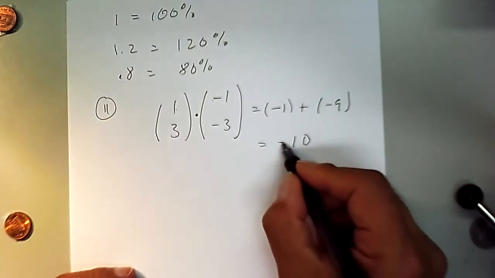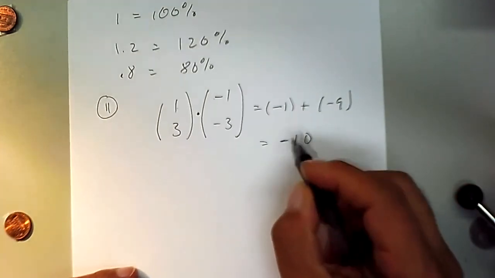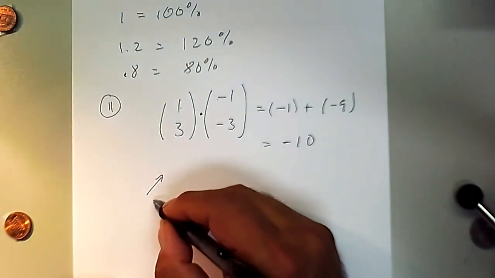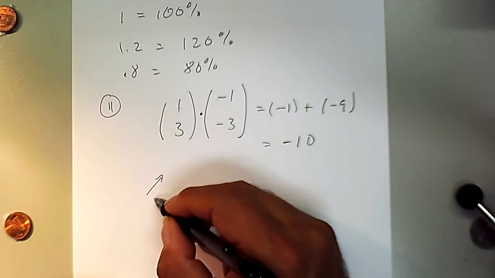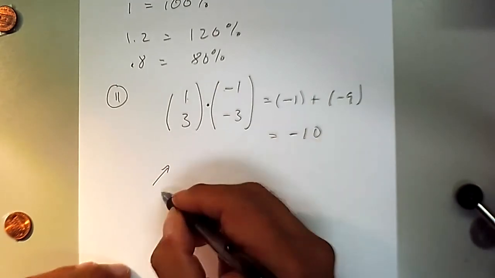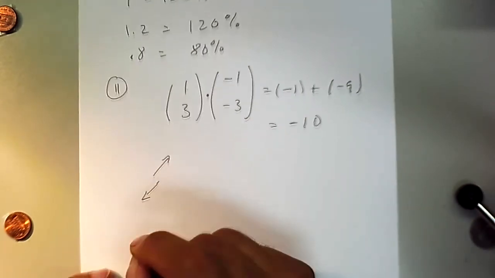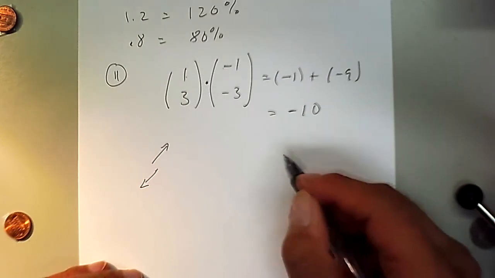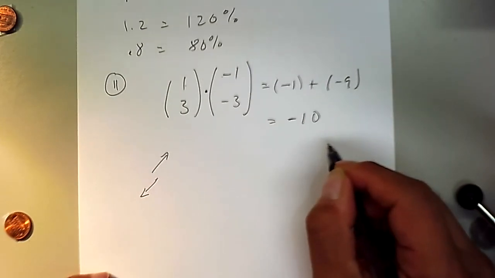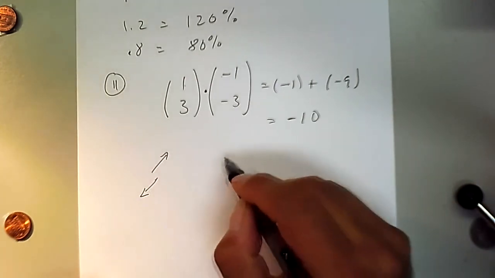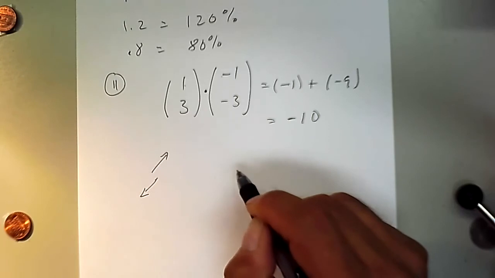So if the number we obtain is negative, that means the two vectors are not going in an acute angle. In this case, they're going perfectly opposite. If you get a negative number, what we mean is that we have an obtuse angle. In this case, it happens to be 180 degrees because it is perfectly opposite.